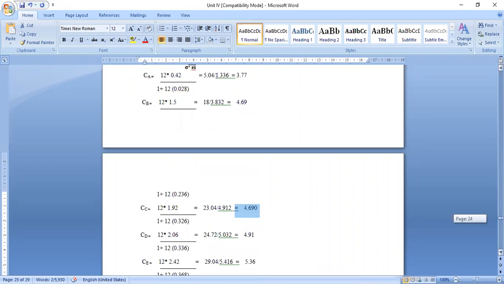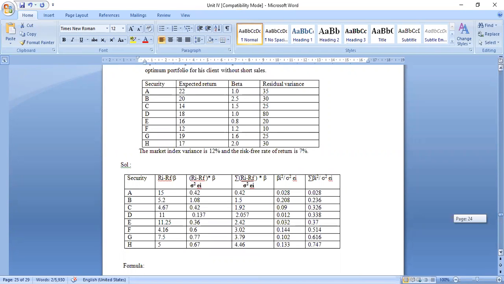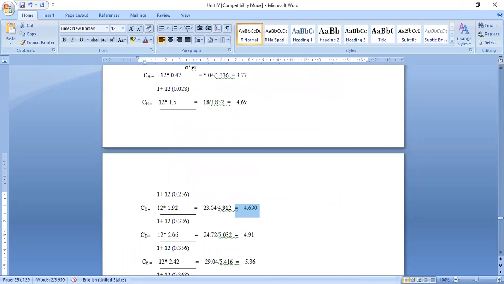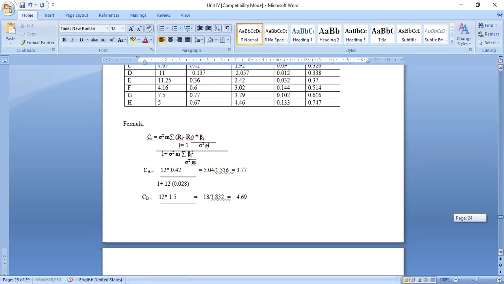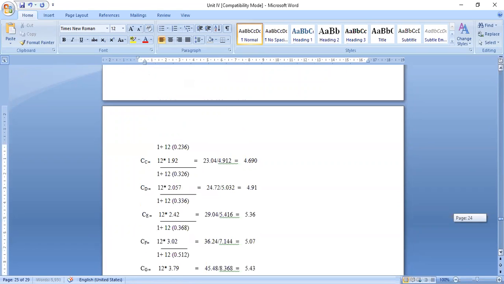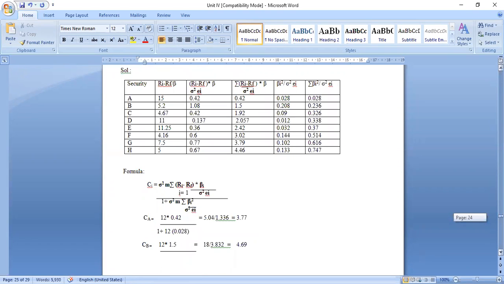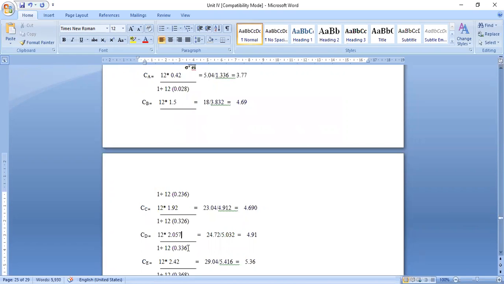So in the same way for D, E, F, G and H. So for D, 12 into 2.057. I guess that changes, we have to do it here. 2.057 divided by 1 plus 12 into, here it is 0.338. So even the values will change here.